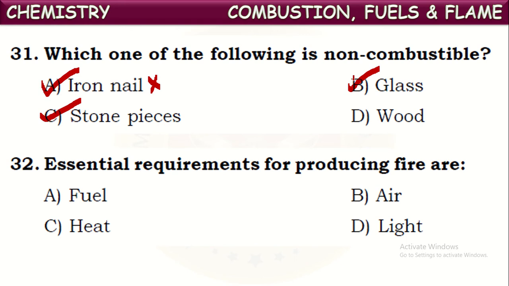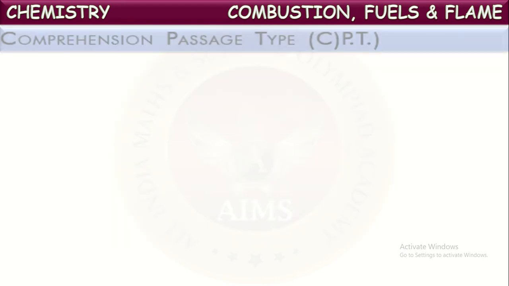They are the fuel and sufficient heating, and next one, air or oxygen, a sufficient amount of air or oxygen. These three are the essential requirements for producing fire from a combustible material: fuel, air and heat. These three are needed.